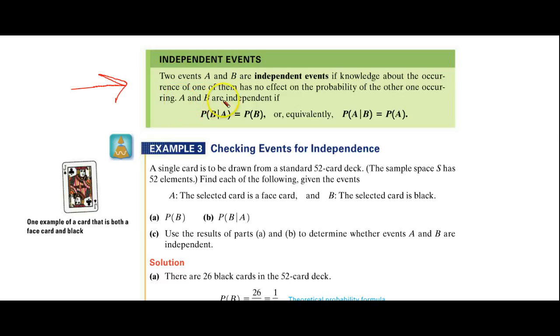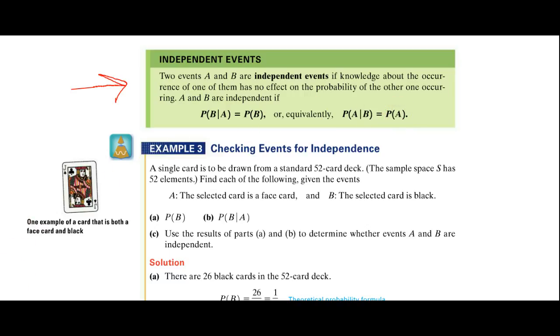A and B are independent if the probability of B given A is equal to the probability of B all by itself, or equivalently, the probability of A given B is equal to the probability of A all by itself.